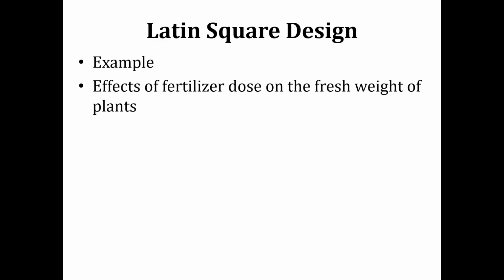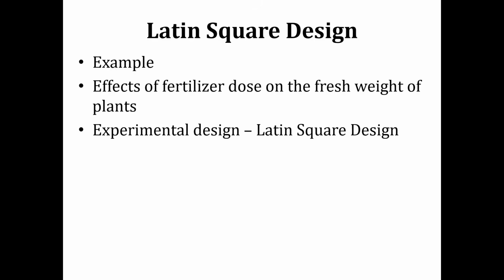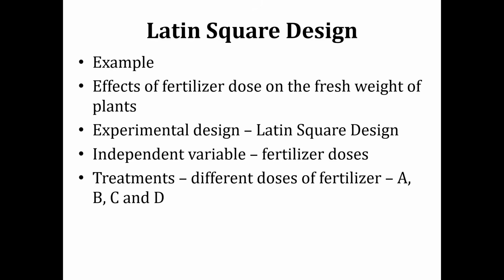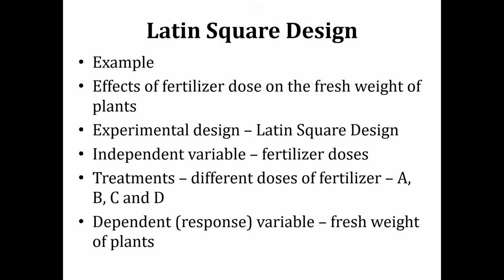We can take an example: the effects of fertilizer dose on the fresh weight of plants. The experimental design is the Latin square design that we are going to use. The independent variable is the fertilizer dose, and the treatments are different doses of fertilizer. In this example we have 4 treatments, A, B, C, and D. The dependent variable is our response variable, which is the fresh weight of plants. So this is the experiment that has been planned.